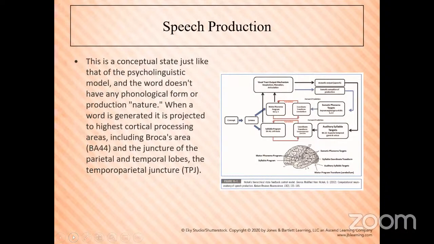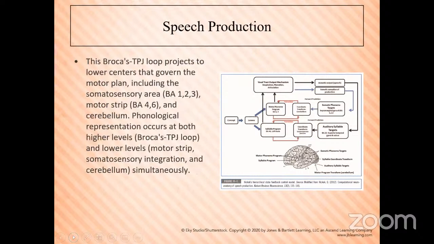When a word is generated, it is projected to the highest cortical processing area, that is Broca's area, and the juncture of the parietal and temporal lobes. Then the motor plan, including the somatosensory area of parietal lobe 1, 2, 3, the motor strip of 4 and 6, the premotor cortex, and the cerebellum.